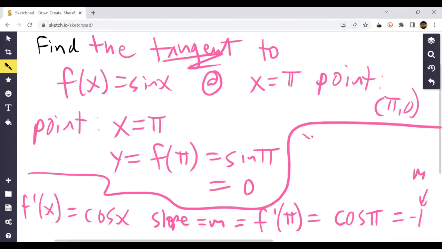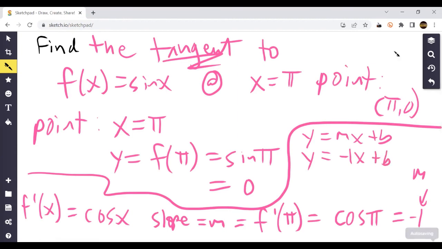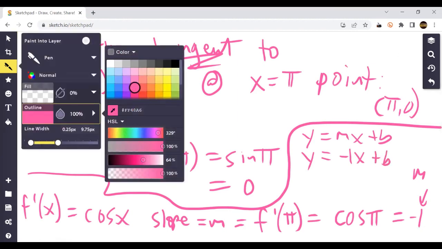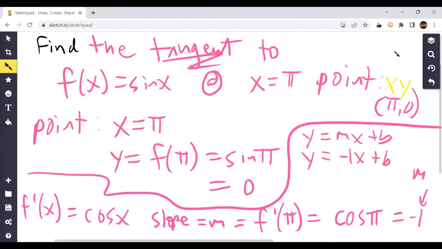And if you go y equals mx plus b, we know m is the slope, which is -1. This is what we have here. And now our given point, its coordinates can go in for x and y. So this would be like 0 equals -1 times pi plus b.